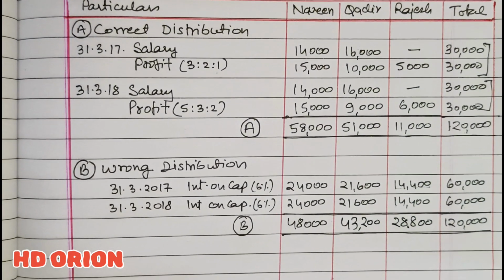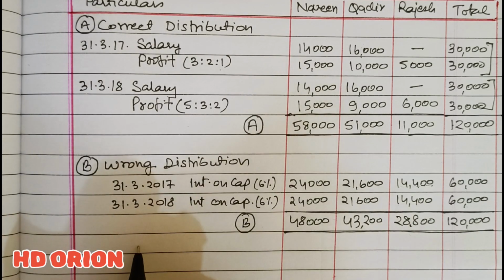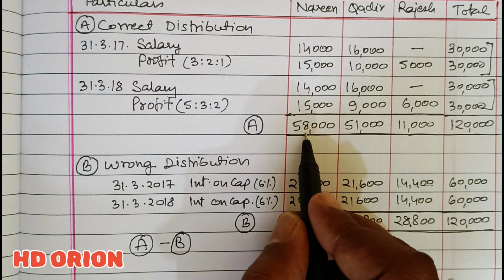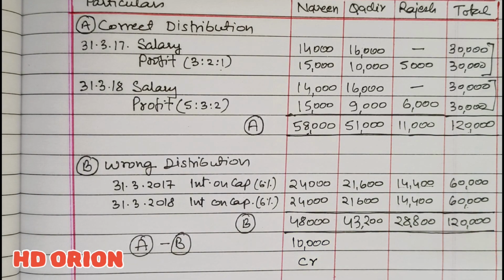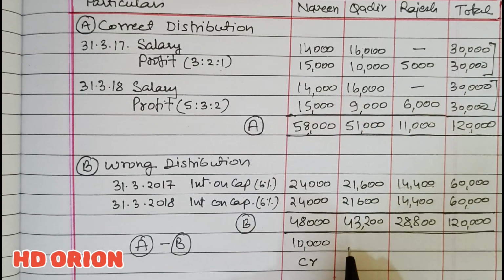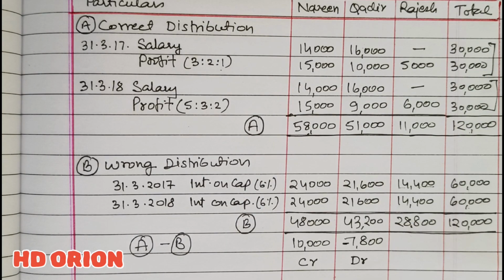Now, in order to calculate the amount which is excessively debited or credited to partners, we will compare A minus B. 58,000 he was supposed to receive and he has received only rupees 48,000. It means 10,000 more we have to give. It is a positive amount, so Naveen's current account will be credited. Kadir was to receive 51,000 and he has received only rupees 43,200, so the difference is rupees 7,800, also credited.